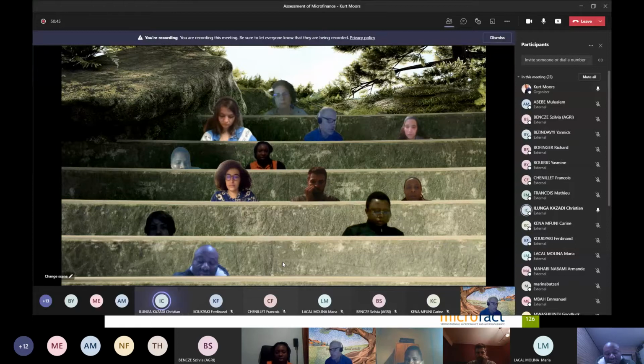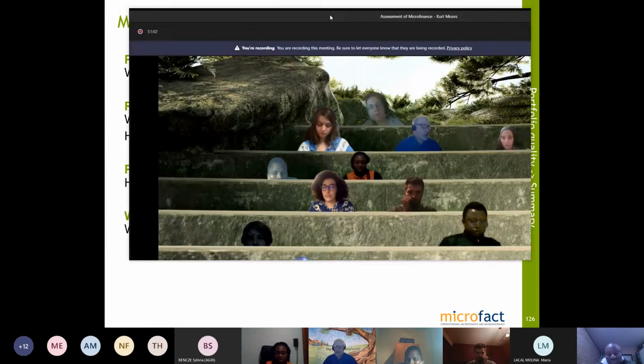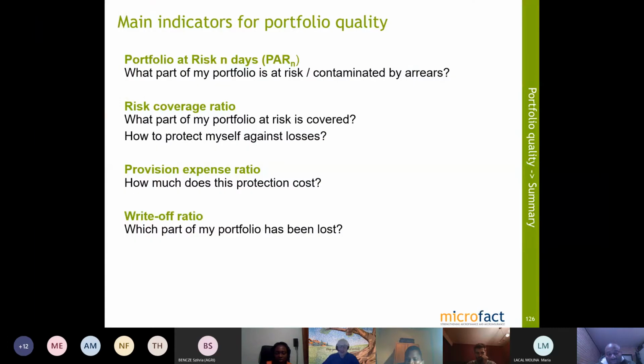If you have a good MIS system, you can do writing off every month. That's possible, but at least you do it once a year. For the more informal organizations, when you don't have a performant MIS system, do it at the end of the year.